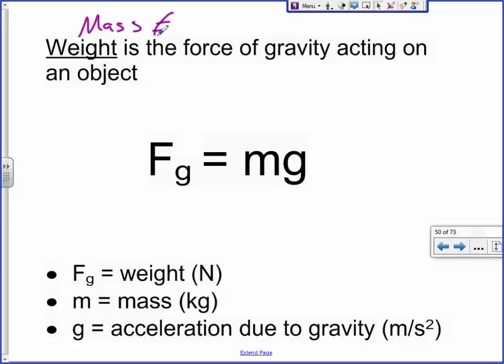Weight, technically, is how much force that mass applies due to gravity. So when I say that I'm going to go weigh myself on the scale, we can use that word, but what we're doing is we're massing ourselves on the scale. We're finding out how much mass we have. A weight is actually how much the force of gravity acts on the object.